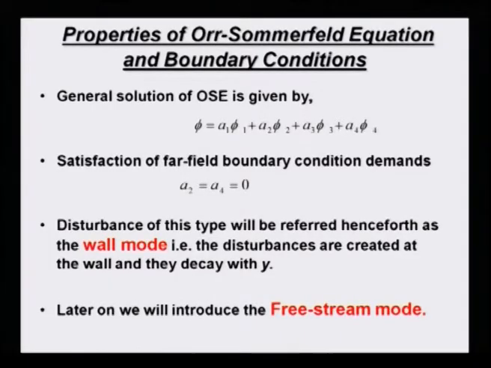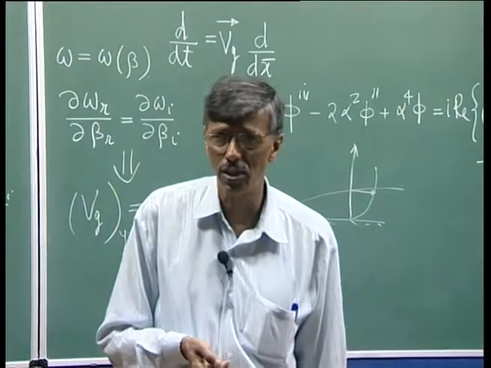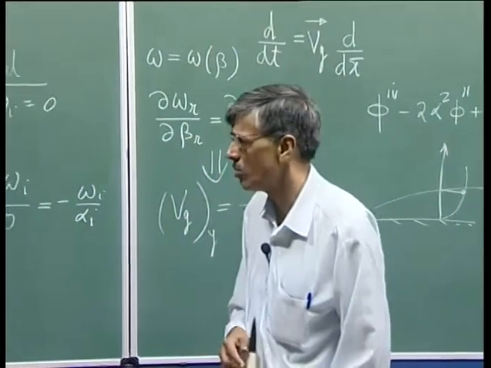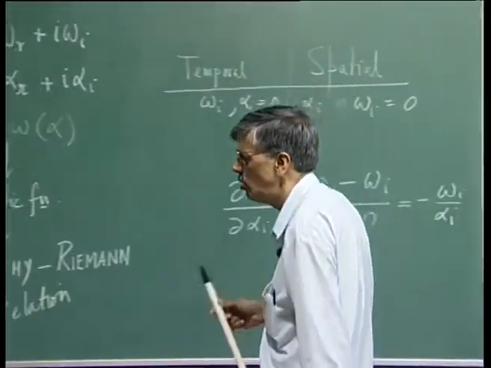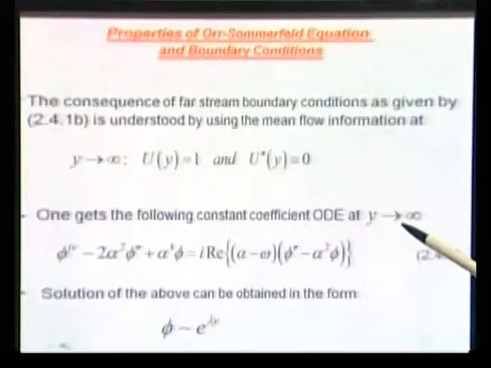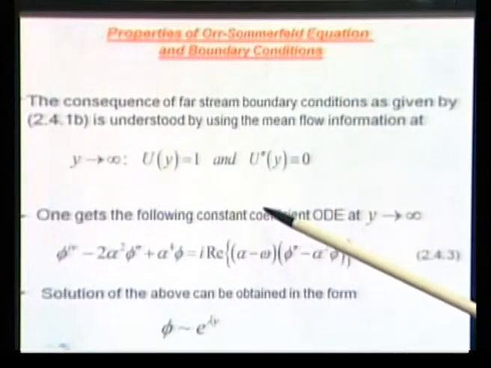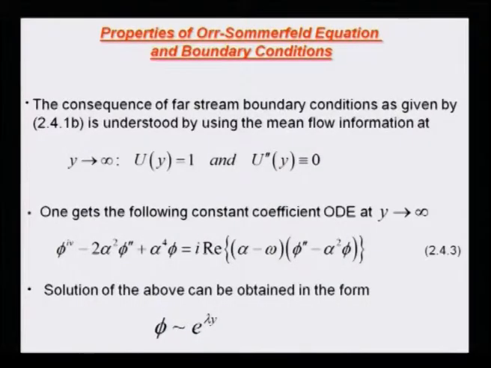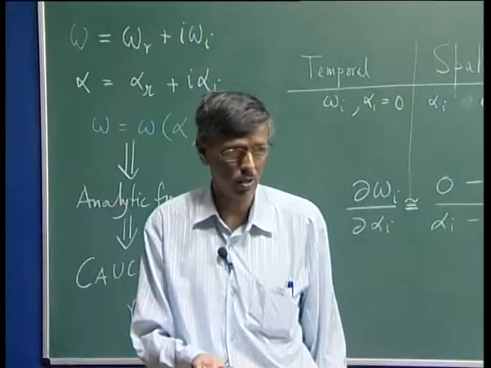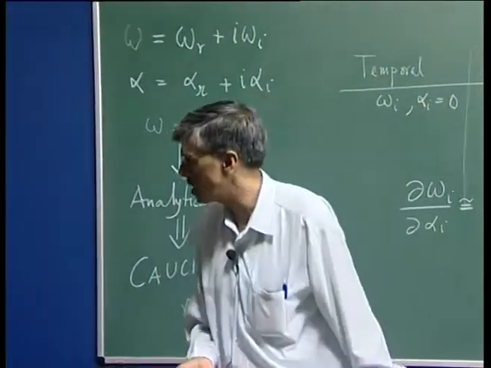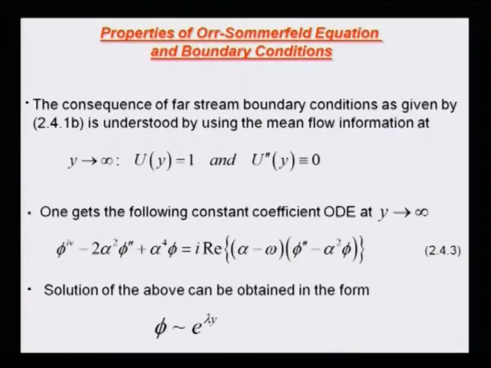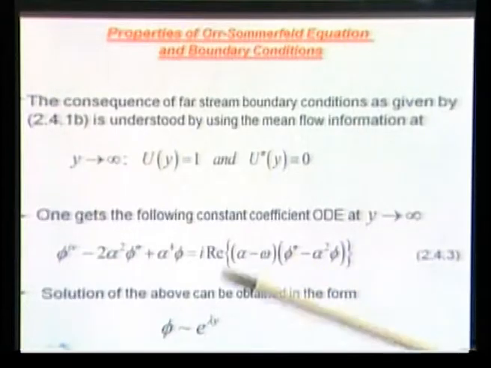Now, why are we doing this? We are trying to perceive the property of the solution outside the shear layer. In doing so, we note that as y goes to infinity, this becomes a constant coefficient ordinary differential equation, and that is amenable to analytic solution. For a constant coefficient ODE, you can try a trial solution of the following kind. You write phi equal to some e to the power lambda y and plug it back into this equation.